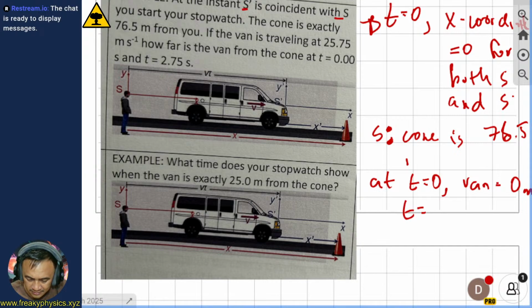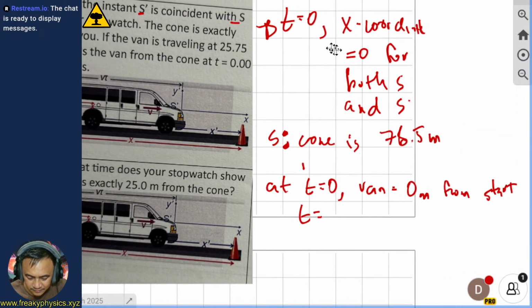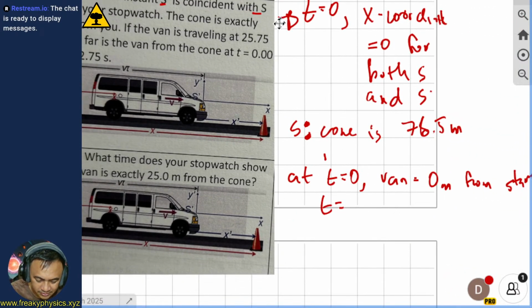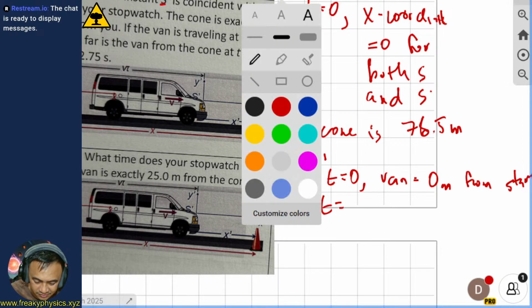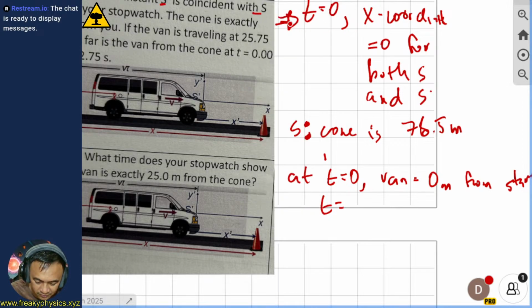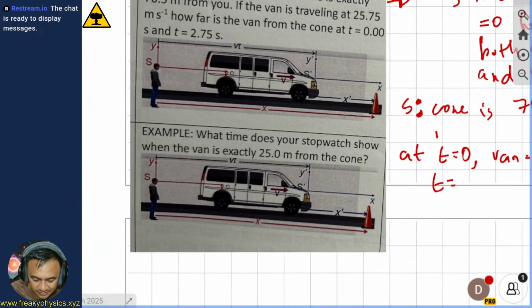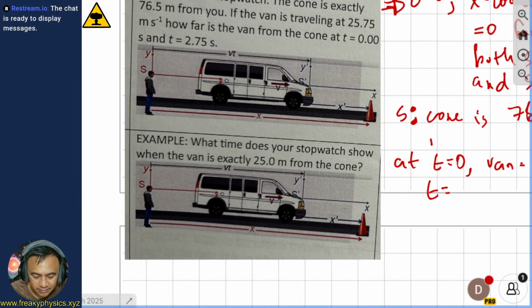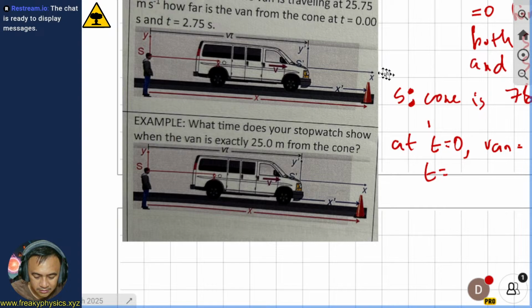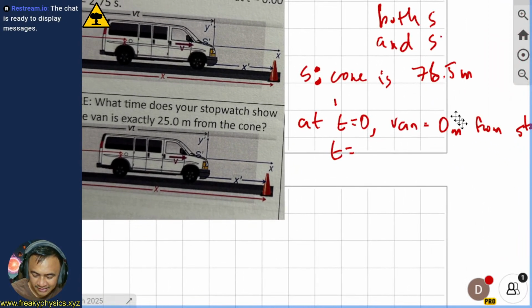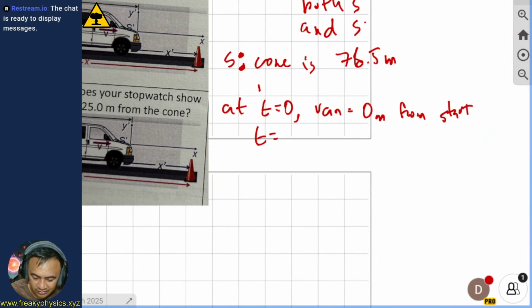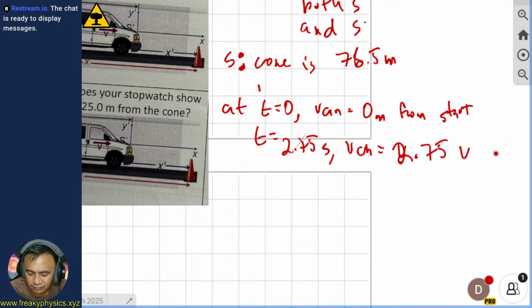So the answer to the first question is just 76.5. What we're looking for in the first question is according to the reference frame S. In this case, the van is 0 meters from the start at t equals 0, and at t equals 2.75 seconds, the van is 2.75 v meters away.